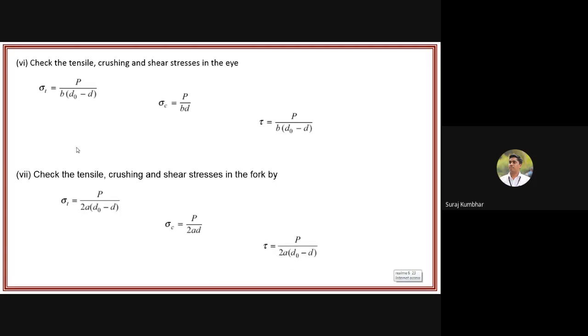All these values should be less than the permissible stress values. Then and only then it is safe. If it exceeds the stress values, then what will happen? Your fork or your single eye is going to fail. So every time you should consider the permissible stress values. I think all of you get up till this. So again, do you understand up till this?